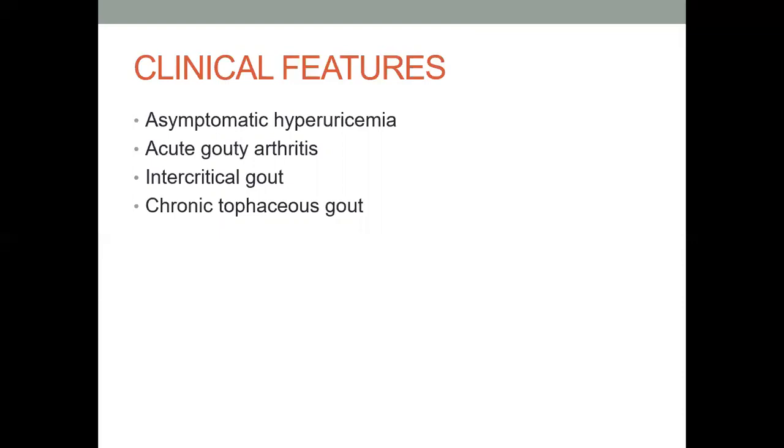Then there is chronic tophaceous gout. It develops on average about 12 to 20 years after the initial attack. And the appearance of chronic tophaceous arthritis often occurs after a long period of hyperuricemia.